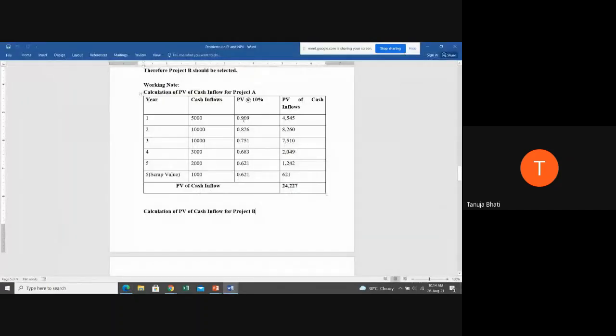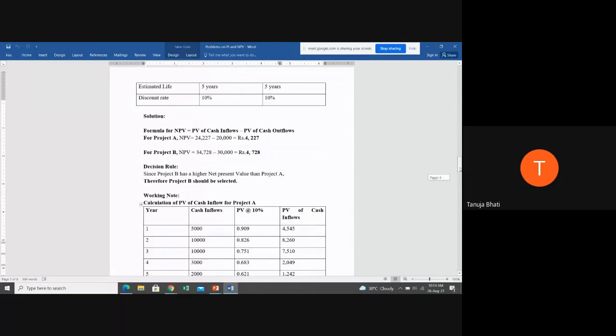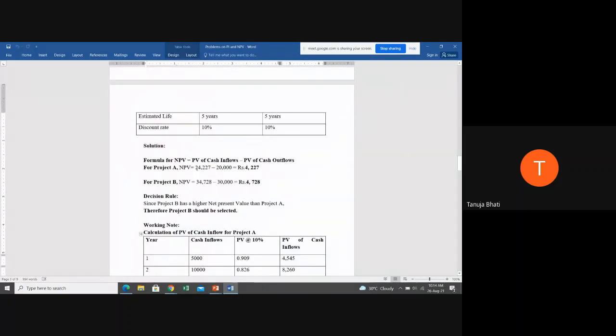I've rounded to 4 digits after the decimal. You multiply the cash inflows with the PV factor, you will get PV of cash inflows. Once you take the total of all this, you will get the total PV of cash inflows as 24,227. This you write in the main answer in place of PV of cash inflows.